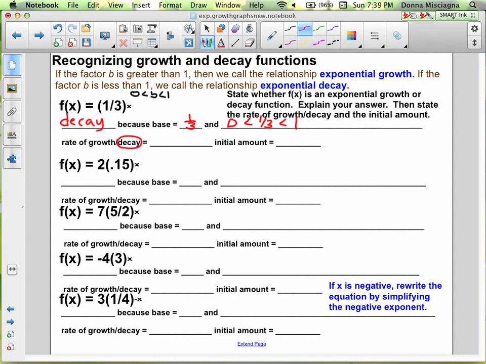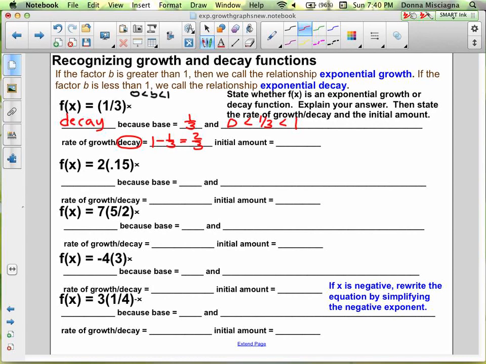So let's circle decay. Rate of decay is going to be 1 minus 1/3. So that's going to be 2/3, right? So our rate is always 1 plus or 1 minus, right? So this one is decay, it's going to be 1 minus.